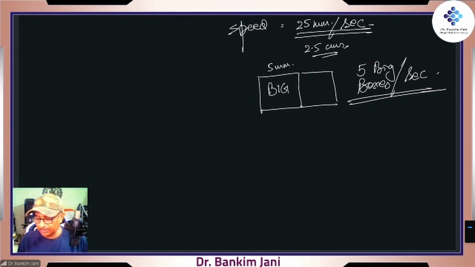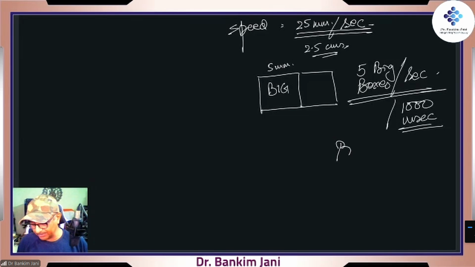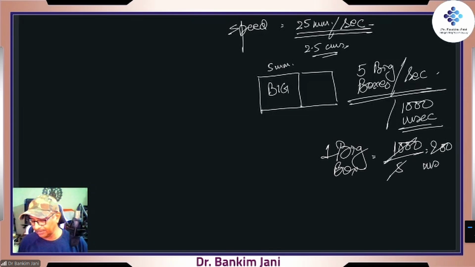So this means 5 big boxes per 1000 millisecond, because 1 second is 1000 millisecond. So how much time would it take for one big box? That is relatively simple. One big box is equal to 1000 upon 5. That comes to 200 millisecond.